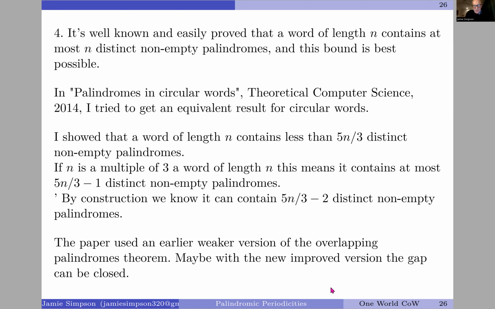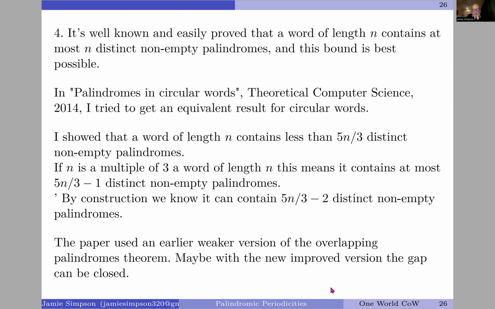You can get other palindromes which are wrapping around the ends of the word, overlapping the ends of the word. If n is actually a multiple of 3, that means the word contained at most 5n over 3 minus 1 distinct non-empty palindromes. However, I think it's less than that.